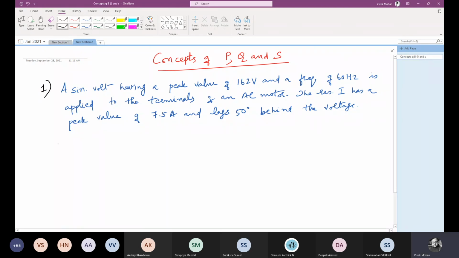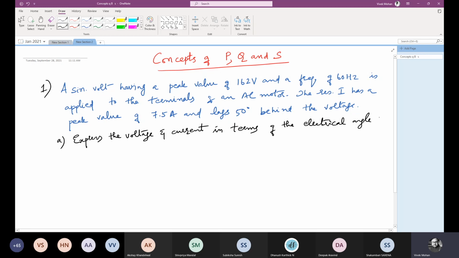The first question is, express the voltage and current in terms of the electrical angle phi. Okay, so first we'll answer this question.